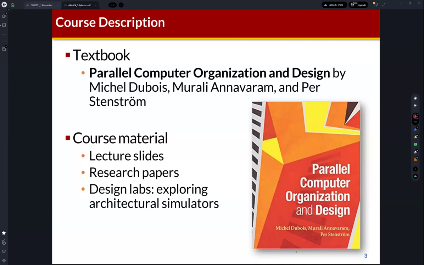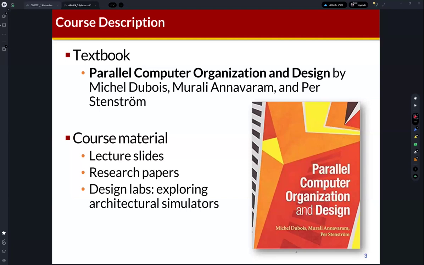This is a computer architecture course, so I hope the topics covered can be helpful for your computer architecture research. Okay. So I will introduce several simulators, and usually we use simulators for computer architecture research.